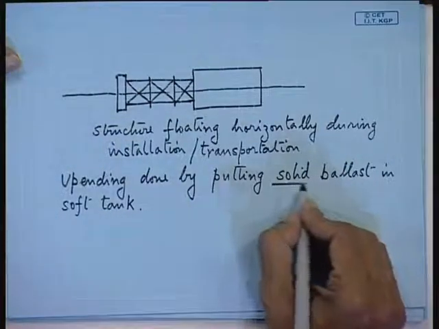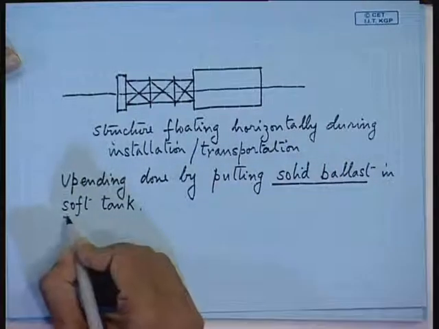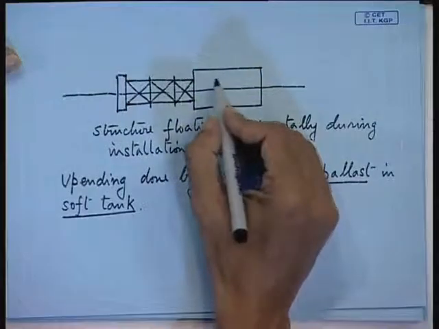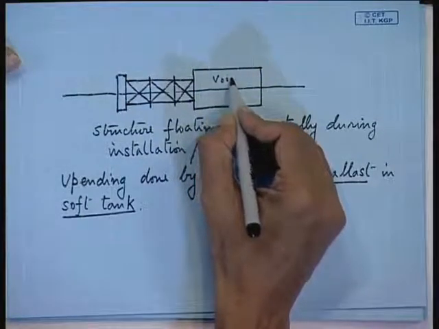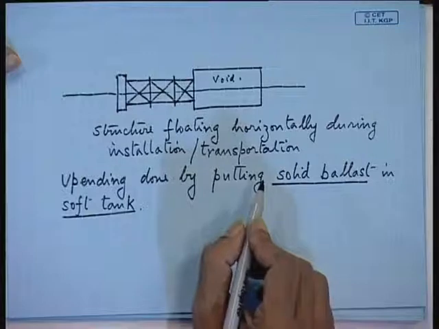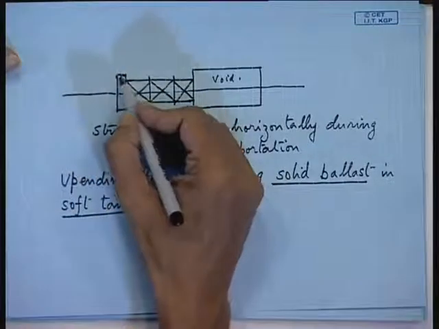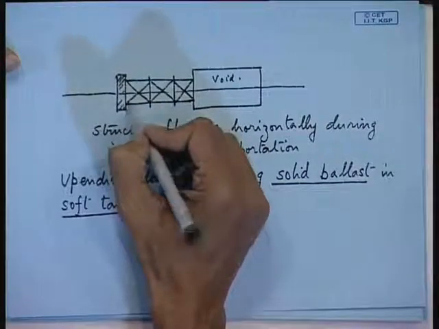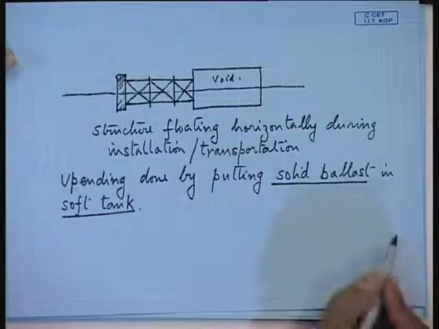This is why the solid ballast in the soft tank comes, and this tank is to remain void. So, that is the main reason for having the weight concentrated in the soft tank.